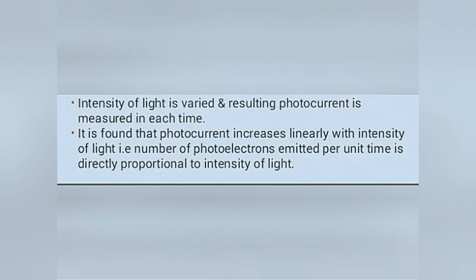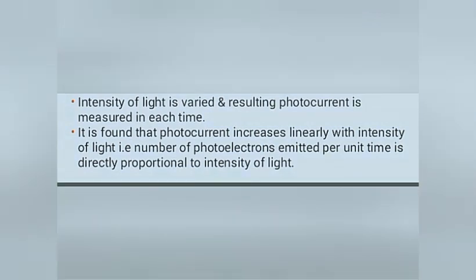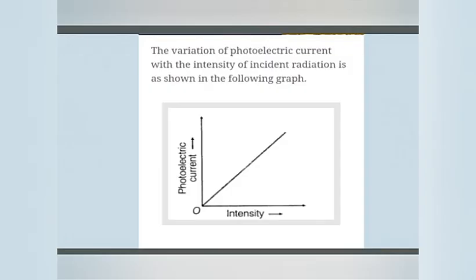Photocurrent means the number of photoelectrons emitted per unit time. The number of photoelectrons emitted per unit time is directly proportional to the intensity of light. Here the graph nature is as follows.